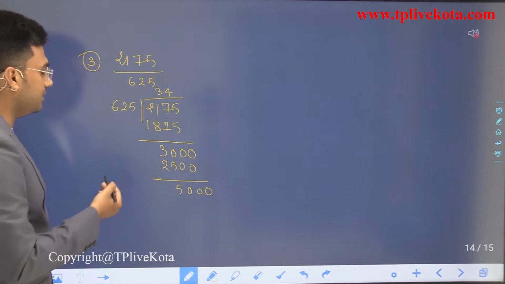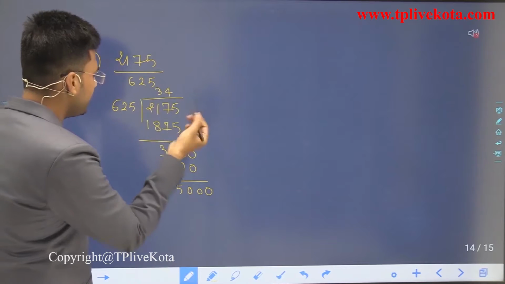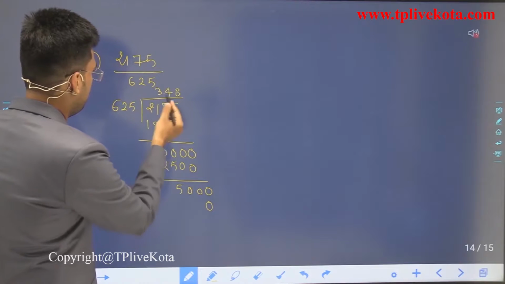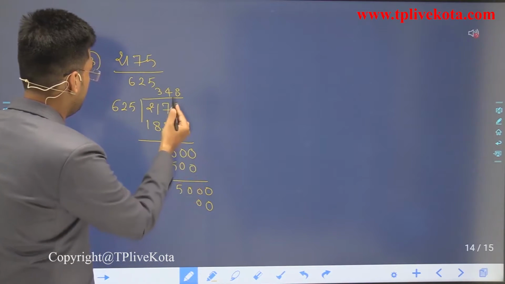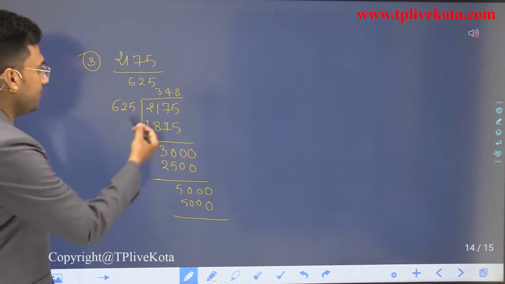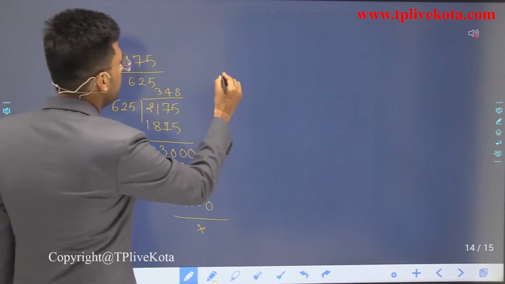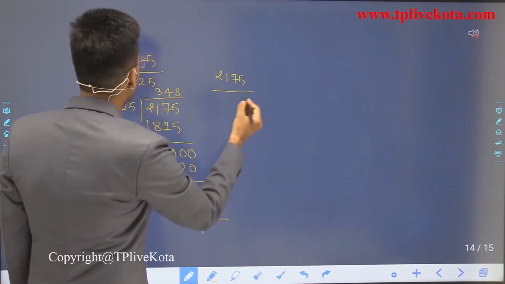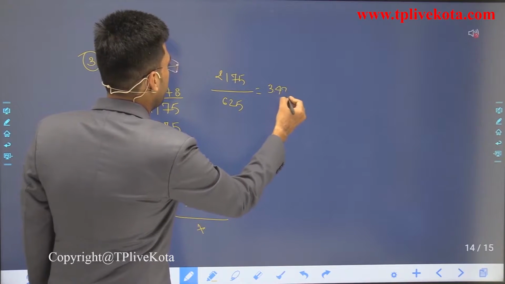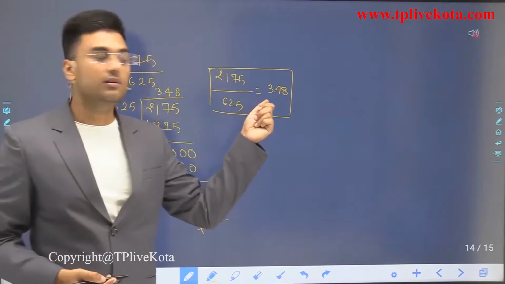Let's check how many times it divides. Let's check 8 times. It divides completely 8 times. 625 multiplied by 8 is equal to 5000. Then we can write 2175 divided by 625 is equal to 3.48.